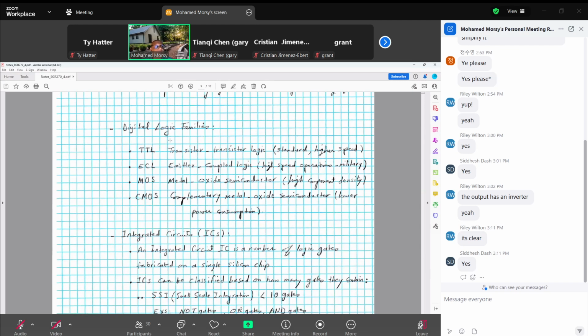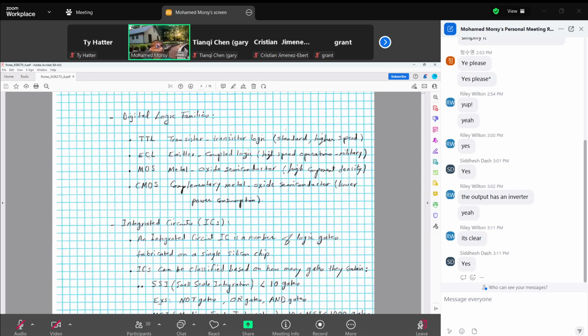Digital logic families. Here we talk about the technologies used for manufacturing these logic families, or logic gates, or logic ICs, digital ICs. So we use TTL. This is a technology, and they also call it a logic family. TTL stands for transistor-transistor logic.